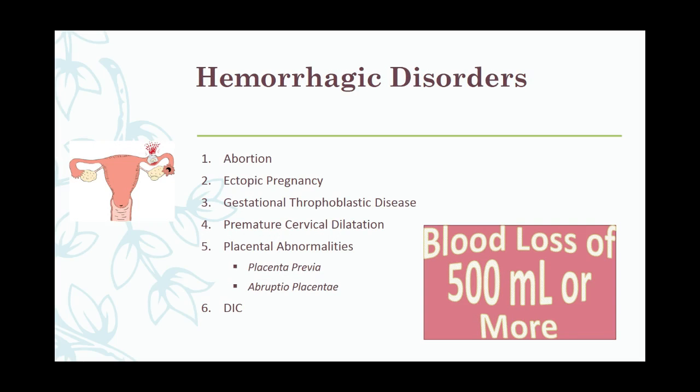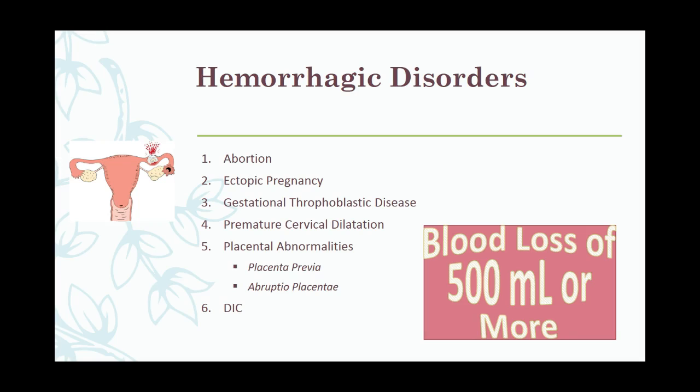So let's first talk about the different types of hemorrhagic disorders that you might encounter during pregnancy. Here I have some listed for you, and they are abortion, ectopic pregnancy, gestational trophoblastic disease, premature cervical dilation, placental abnormalities, including the placenta previa, abruptio placentae, and number 6 is disseminated intravascular coagulation, or DIC.